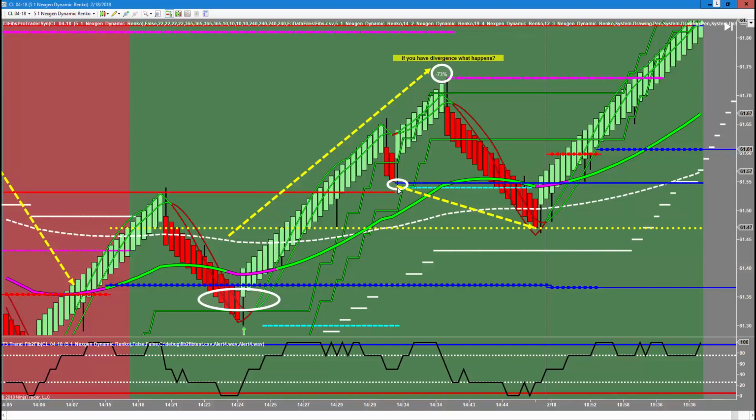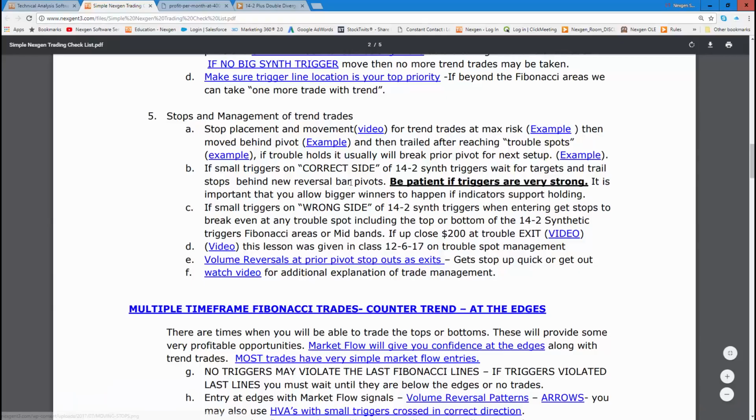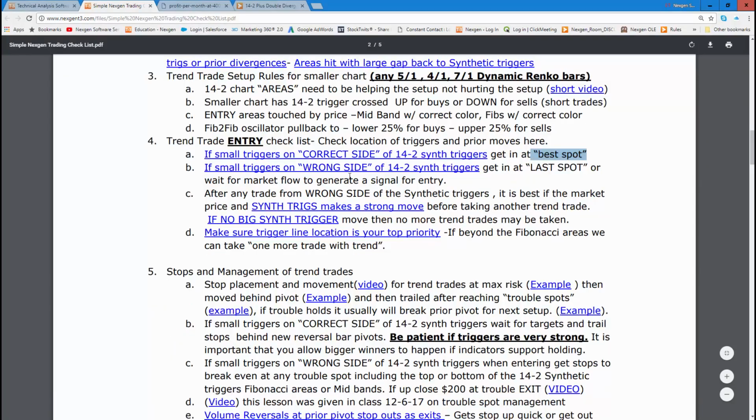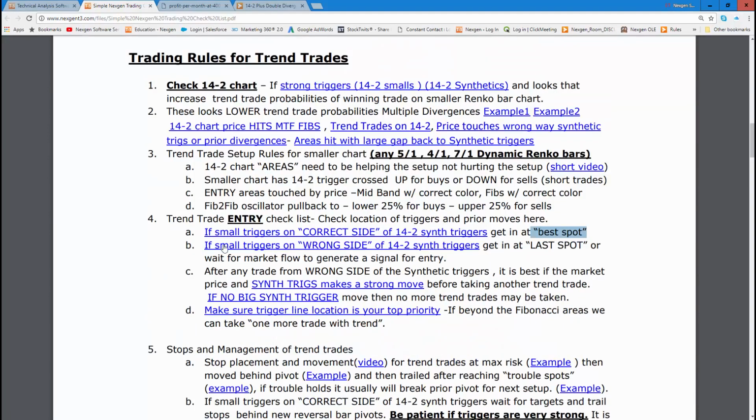Now, let's bring this all full circle. What are our trend trade rules for trigger lines that are below our synthetic triggers? Let me bring them back up for you so you can read them with me here. If the triggers are on the wrong side of the 14-2 chart... Okay, I'm recording this, Ramon, so you can go back and watch the whole video when we're done.